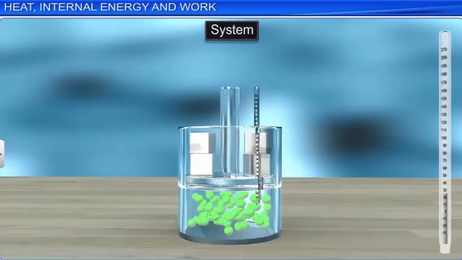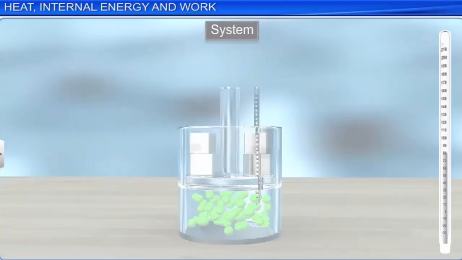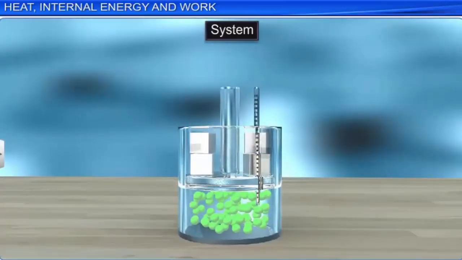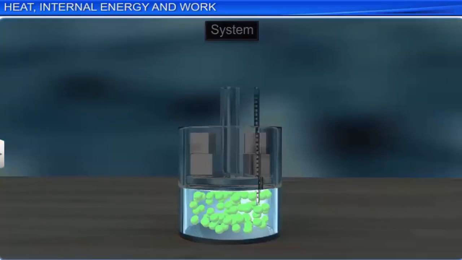We can observe a rise in the temperature of the gas. When the gas is compressed, the external force due to the weights did some work, and as a result, the internal energy of the gas is increased. That means that when work is done on a system, its internal energy increases.